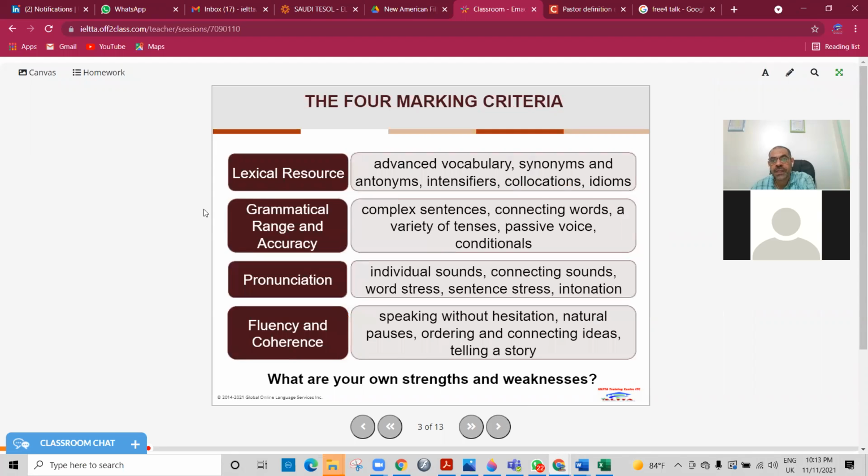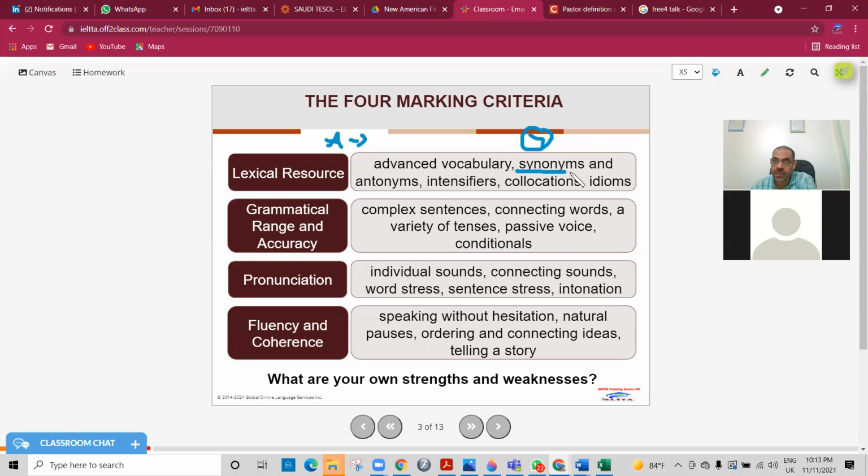Now, lexical resource again means using advanced vocabulary, not just very simple, or let's say A1 or A2 vocabulary. If you are aiming at scoring 7, for example, then the level of your vocabulary should be relevant to that level.